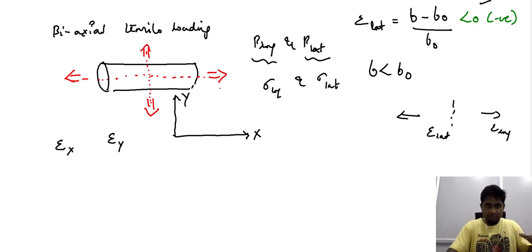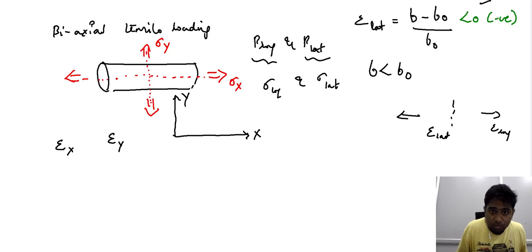So we have a biaxial loading condition. There is stress along the x-axis and a stress along the y-axis. In response to the stress along the x-axis, along the same axis, you have this particular strain, and in response to the stress along the y-axis, you have this particular strain.